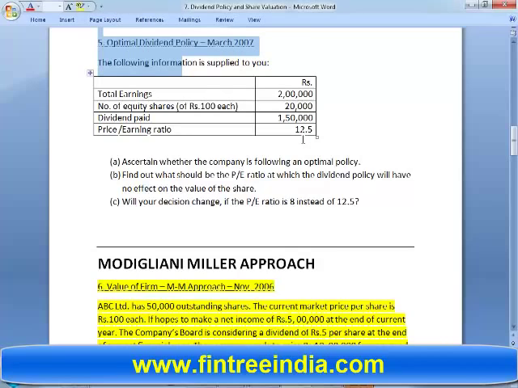Find out what value should be the PE ratio at which dividend policy will have no effect on value of share. Will your decision change if PE ratio is 8 instead of 12.5? How do you solve this? Is one small point. If you catch that, you know how to solve this question.